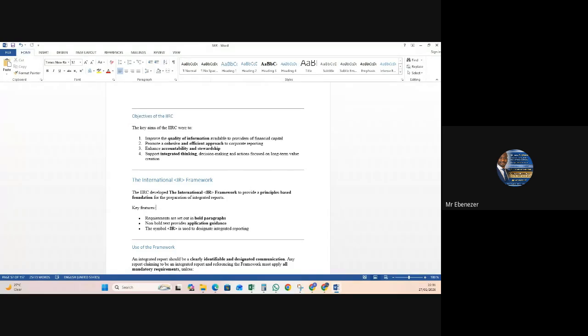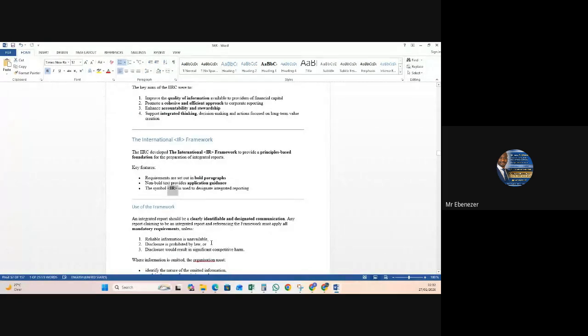We also have the IR symbol, which is used to designate integrated reporting. This is the way they write integrated reporting; it's a symbol, a trademark. So the framework is used to clearly identify and designate communication.